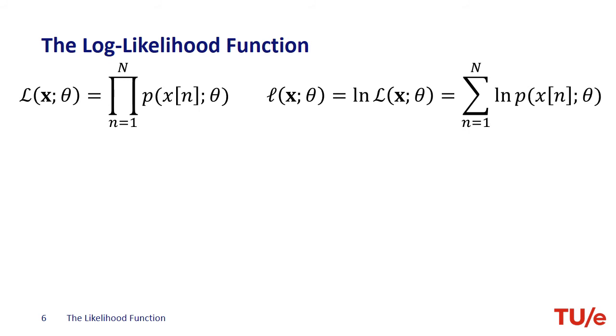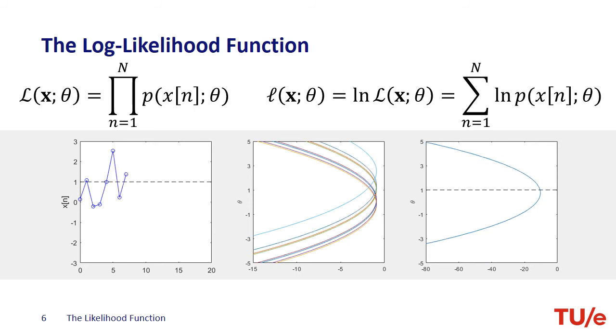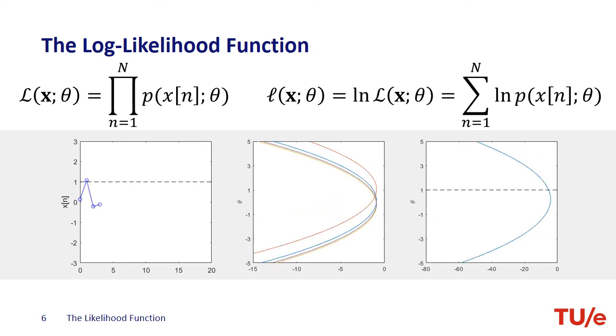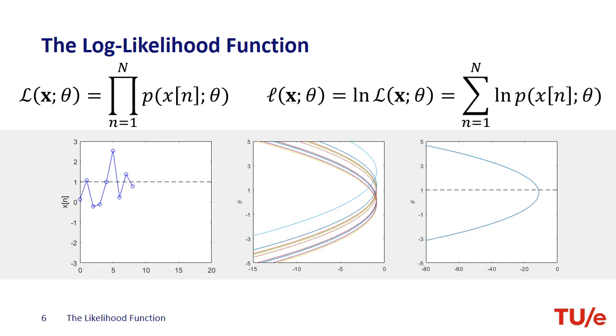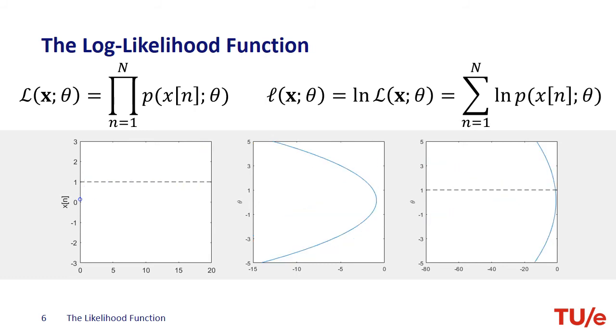Let's now focus on the animated figure on the slide. On the left-hand side, you see the data samples we collect. The data is generated by 1 volt DC plus white Gaussian noise with zero mean and variance sigma squared equal to 1. In the middle, we have the log likelihood functions for each individual sample. Consider this.